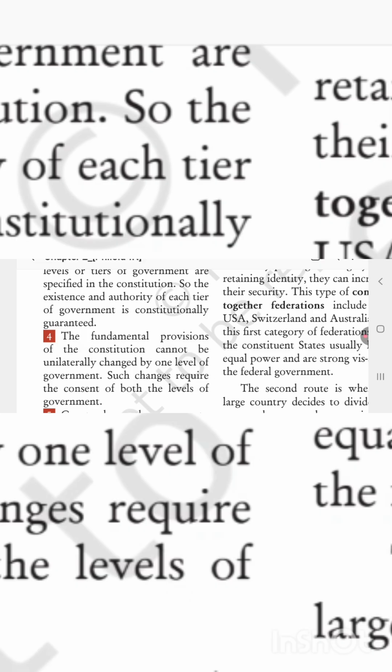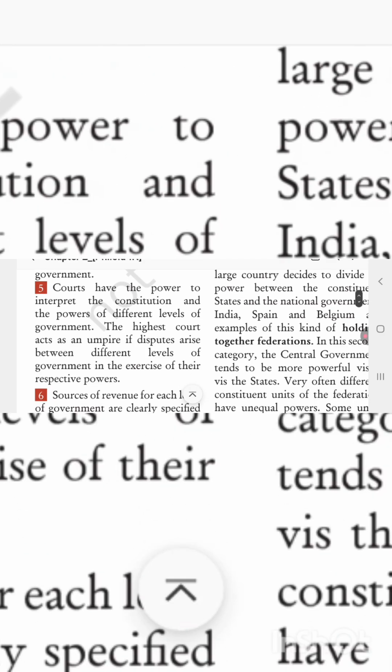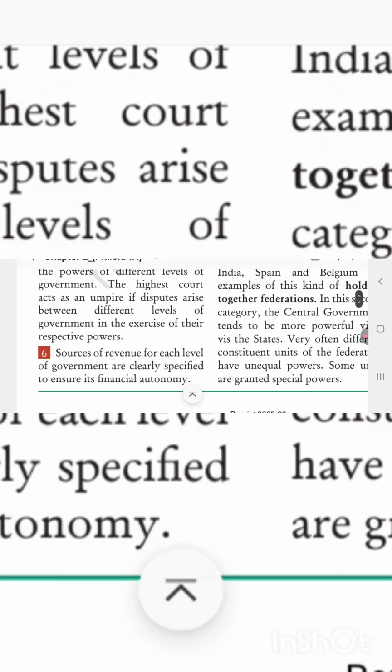For that, both levels of government need to sit and discuss. Then fifth, the highest court or the Supreme Court has the ultimate power to interpret the constitution and resolve the problems occurring between the central government and state government. And the sixth one is that the sources of revenue are specified in the constitution for different levels of government so that they can avoid clashes. Clear?